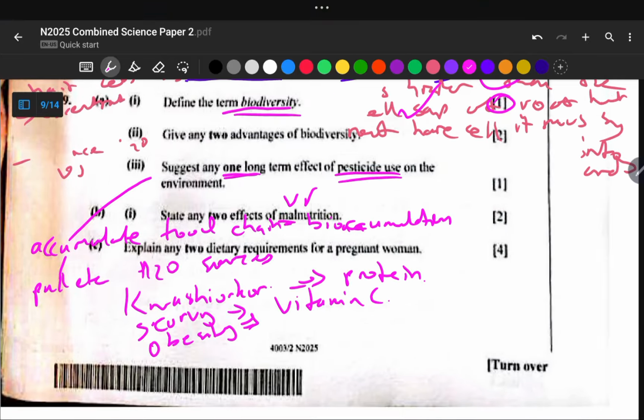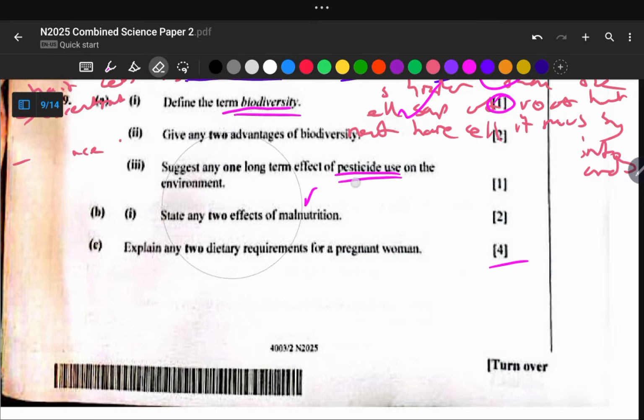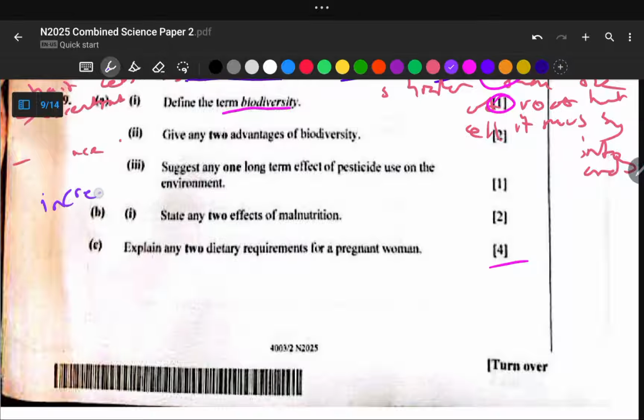The next question says, explain two dietary requirements of a pregnant woman. We are required to explain. So first we state and then we explain for us to have the 4 marks. Let me clear the space, right? So we are going to have increased iron, right?